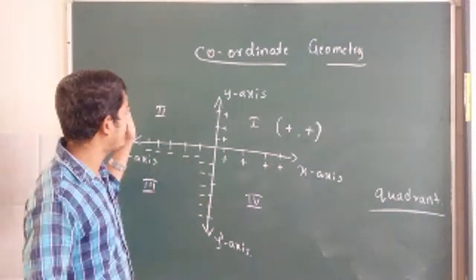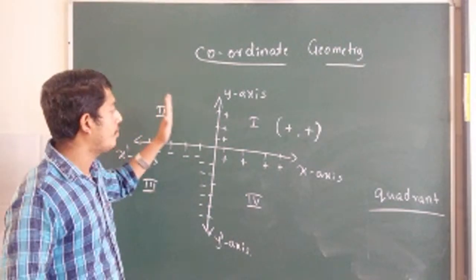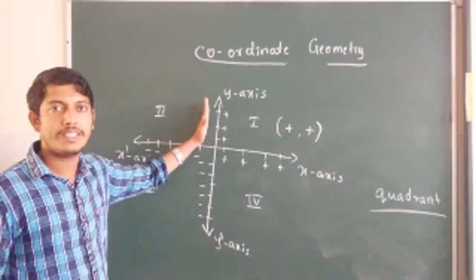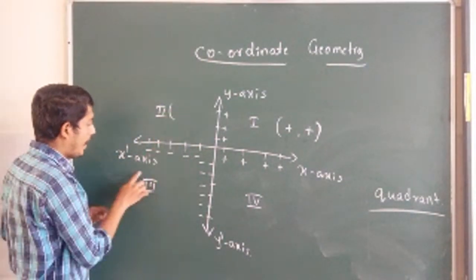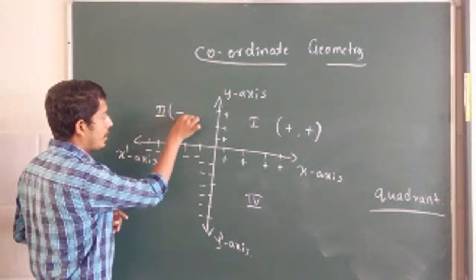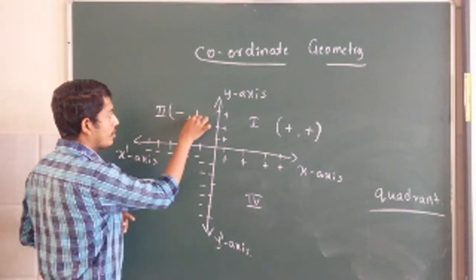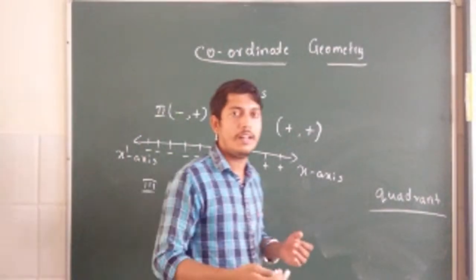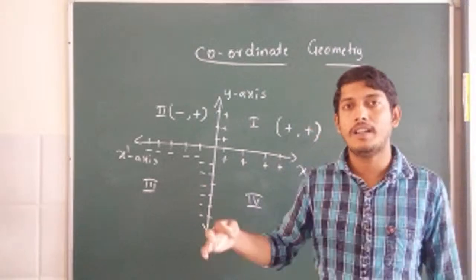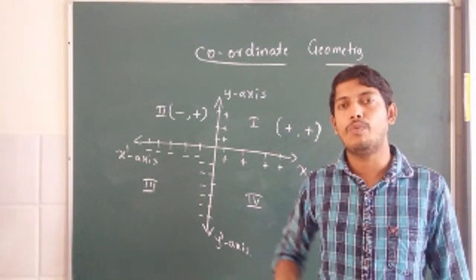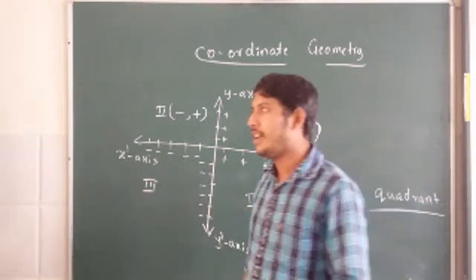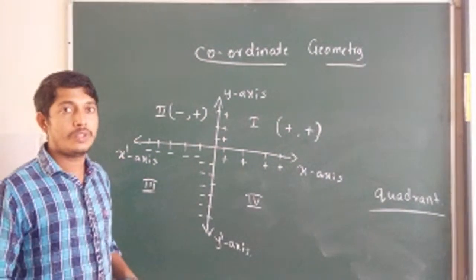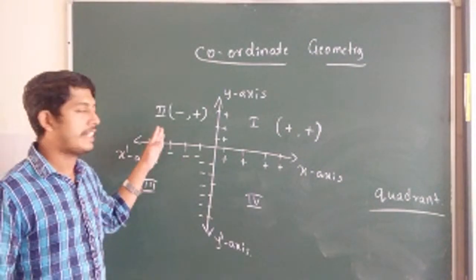Then if you consider the second quadrant, here again we consider the first value as the abscissa and the second value as the ordinate. The abscissa value is negative here and the ordinate value is positive. So if a point is present in the second quadrant, it will have a negative x value and a positive y value. Comment any coordinate points which are present in the second quadrant.